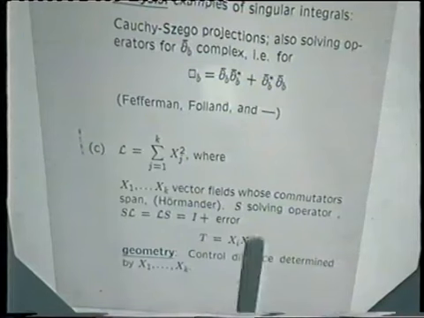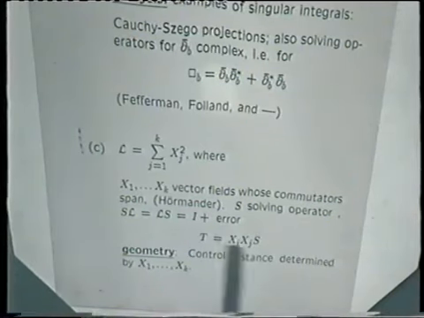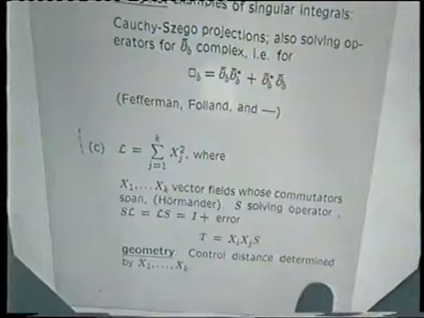So, for example, if you write down what the solving operator is, or the relative solution modulo a small error, which is sometimes called a parametrix, and you take the corresponding second derivatives with respect to the X's, you will get a singular integral with respect to this geometry. So now I'm going to say some words about this control geometry, or nowadays also called Carnot-Carathéodory geometry, because it is the crucial one.